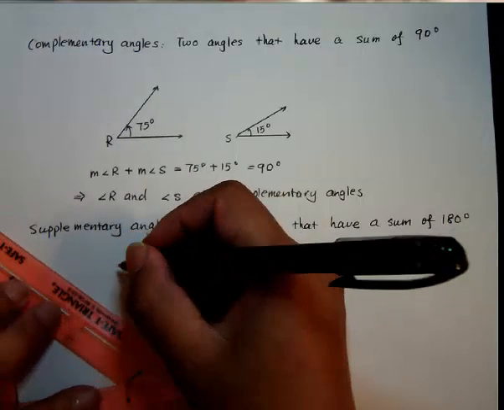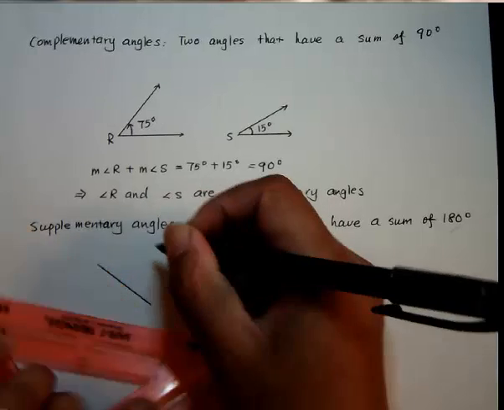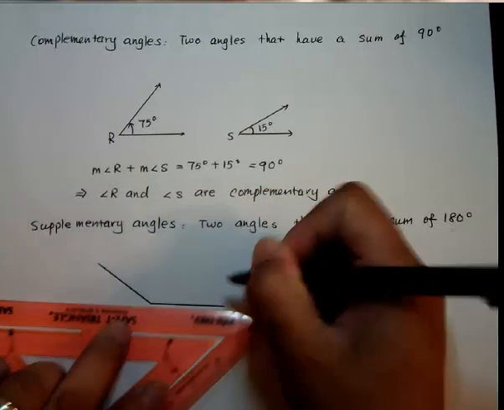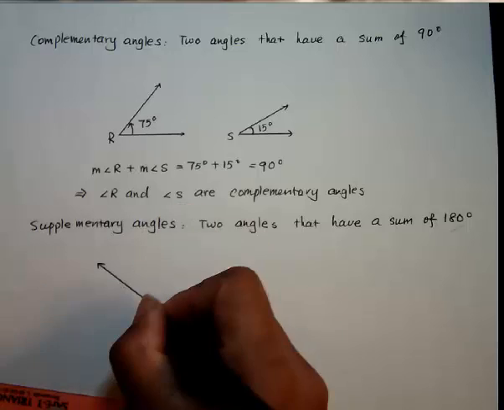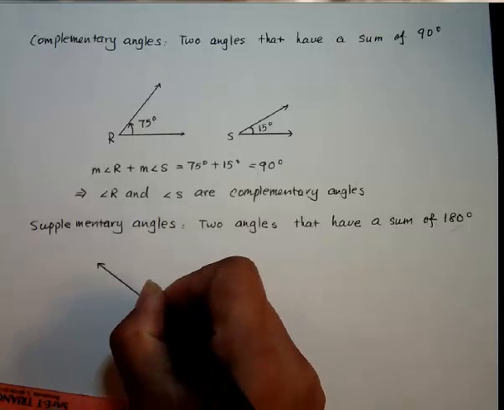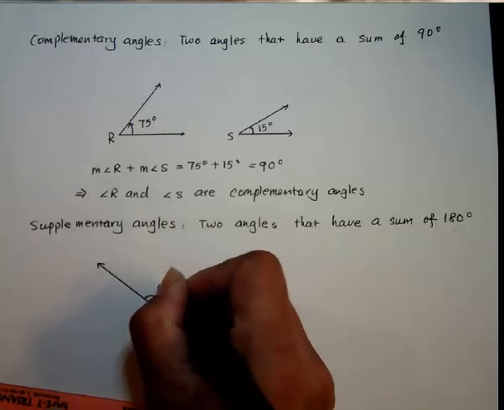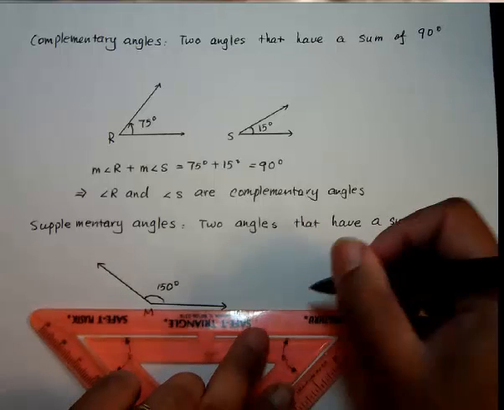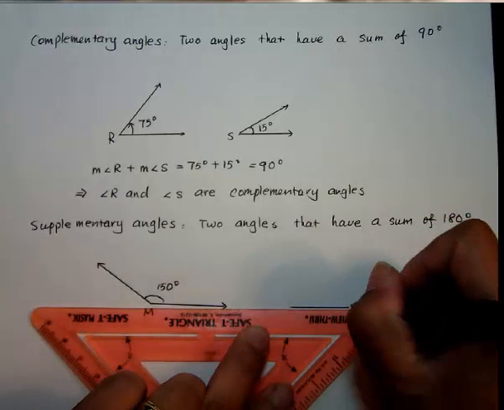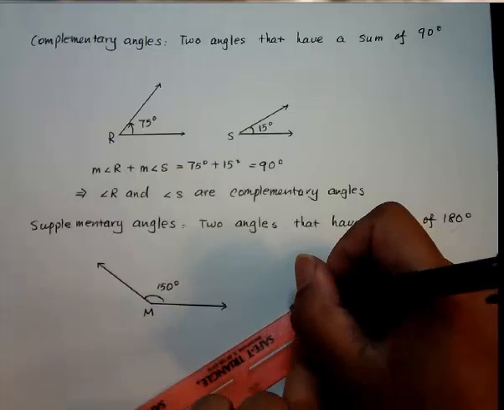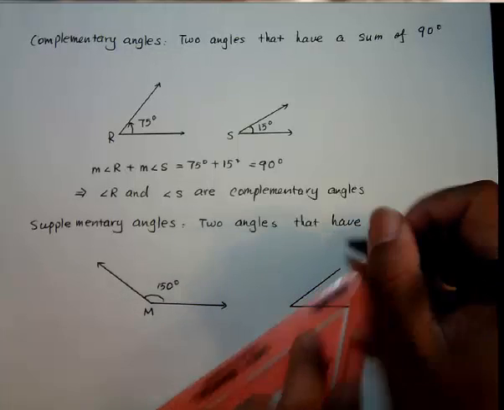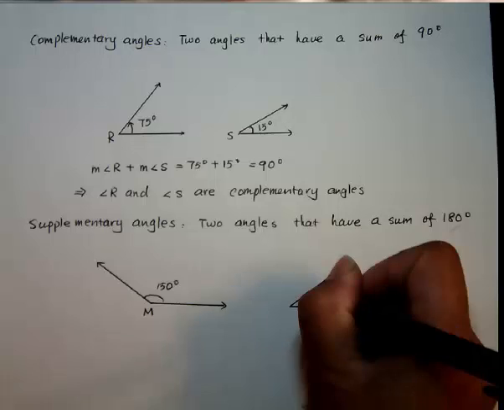So, for instance, if I have an angle M, an angle M has a measurement of 150 degrees, and then I have angle N, whose measurement is 30 degrees.